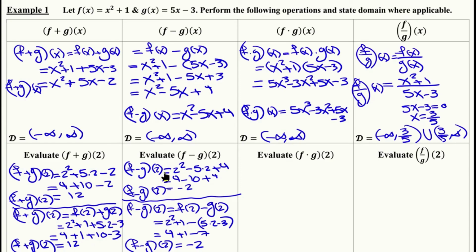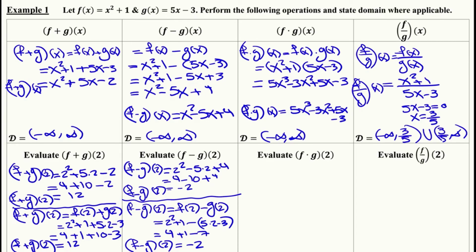In agreement with our indirect approach by first computing f minus g of x and then evaluating for the specific input 2. And of course, this goes on with f times g as well. So we know that we can use this result, which we've already obtained, for f times g of x.